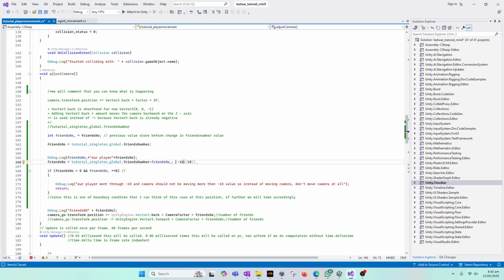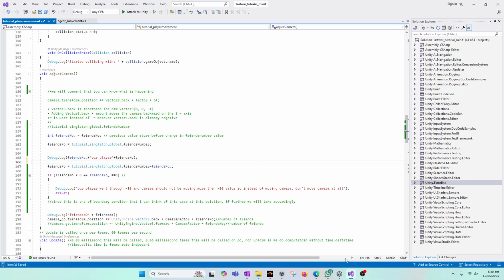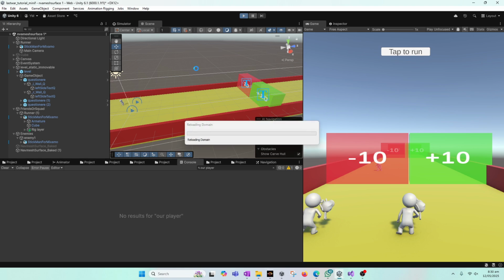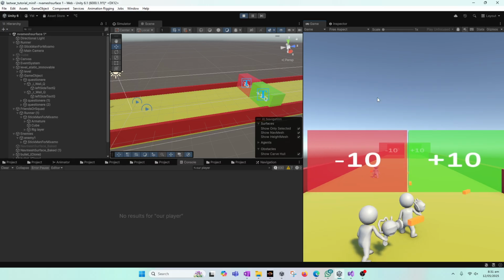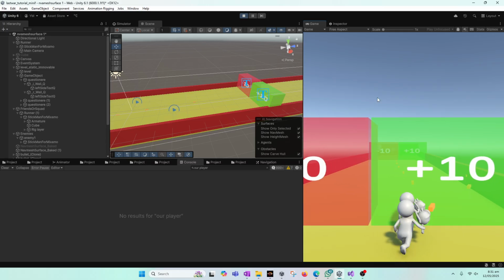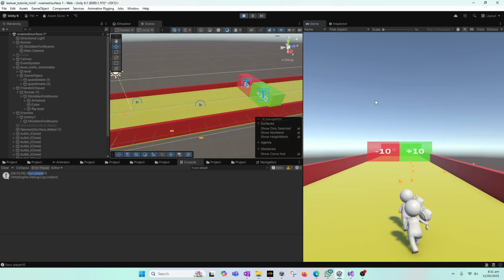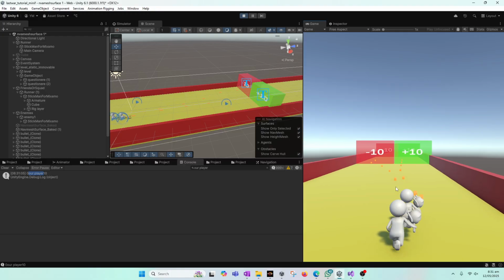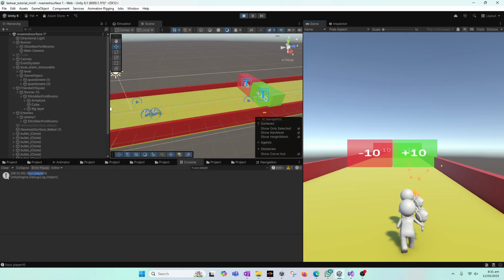So if we do this and see what happens, 0 and 10, this is what showed up.